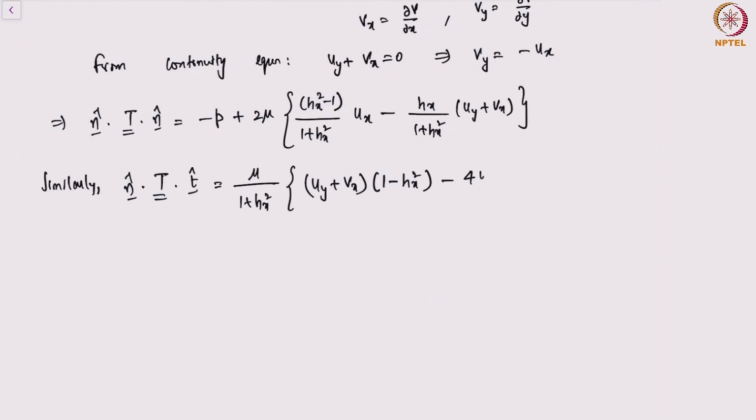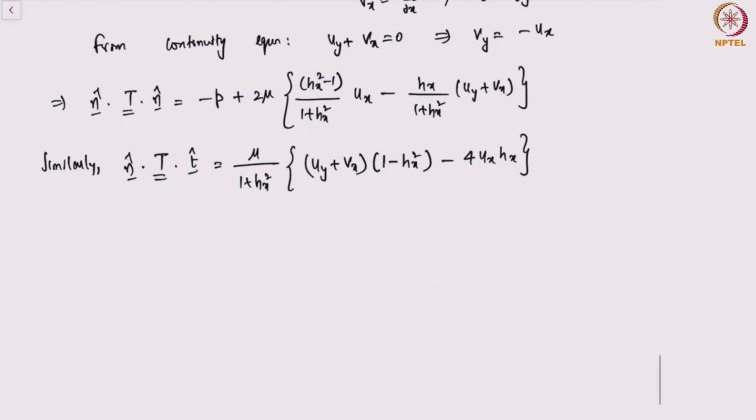This is the expression of n dot capital T dot T. So now we can write down the jump conditions at the interface.